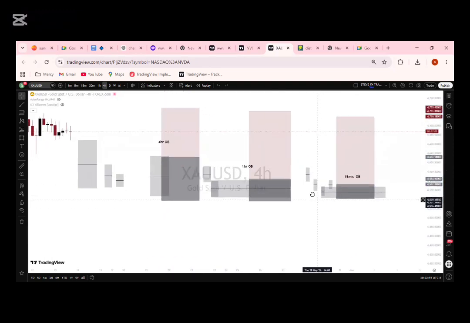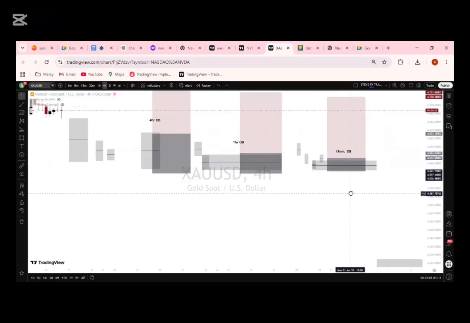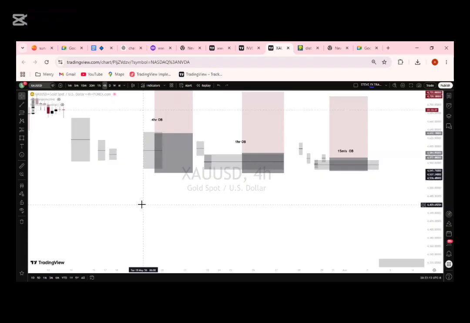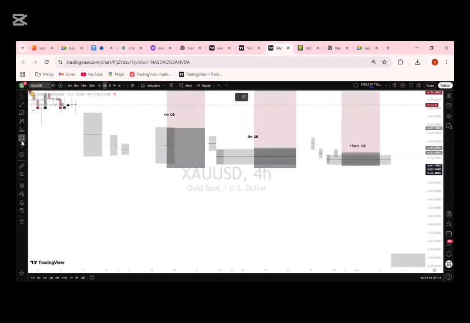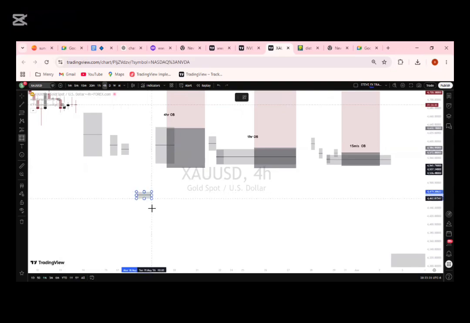Also, the second method of refining your order block is the body of a candle. You know that candlesticks comprise the body of the candlestick and also the wick of the candlestick.